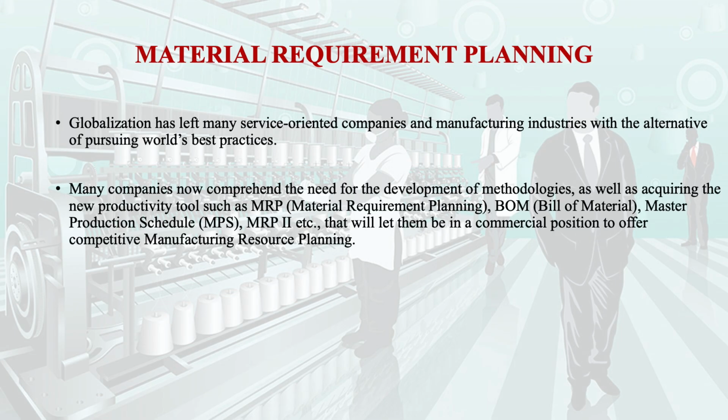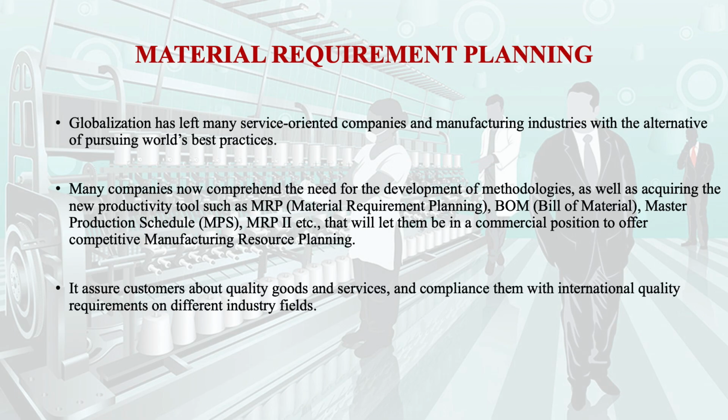Many companies now comprehend the need to develop methodology as well as acquire new productivity tools such as MRP, material requirement planning, bill of material, master production schedule, in short MPS, or MRP2, which is manufacturing resource planning. That will put them in a commercial position to offer competitive manufacturing.